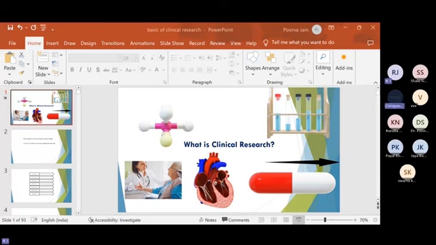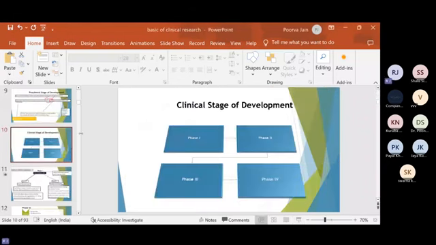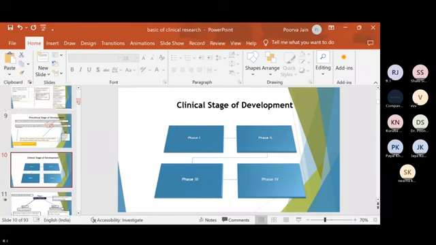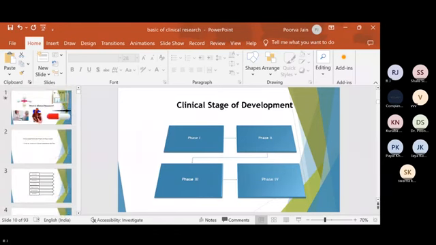Sorry, sir, disturbing. I think your slide is stuck. The slides are not moving. Only the first slide is there. Okay, I got you. Let me reshare it again.